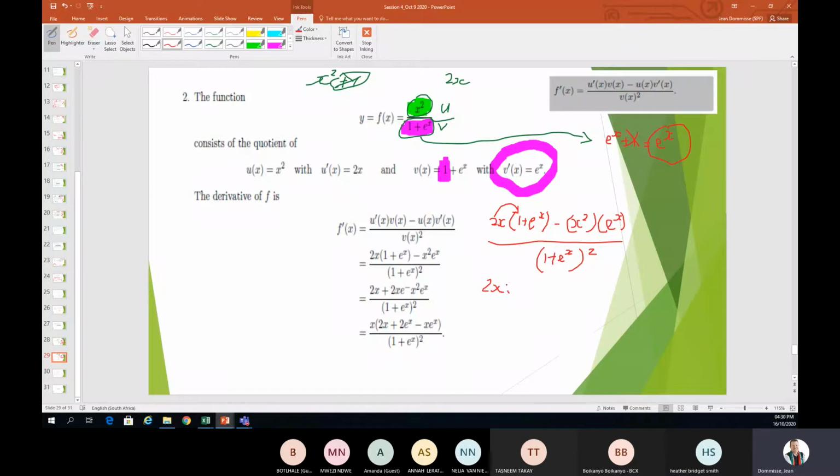So that will give you 2x e to the power of x. I don't understand why that is happening. So there is a mistake.